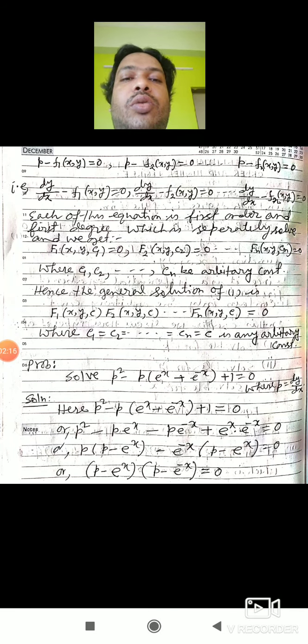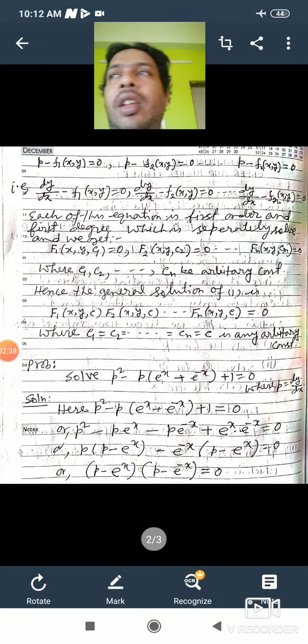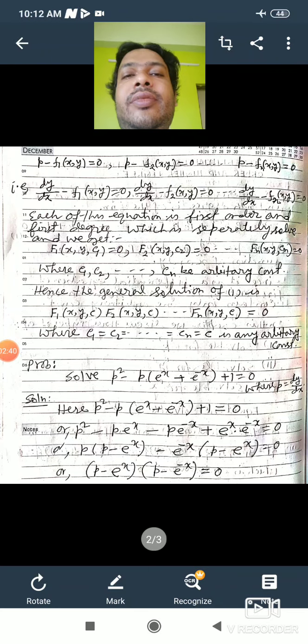Each of these equations is first order and first degree, which is separately solved, and we get capital F1(x,y,c1) equal to 0, F2(x,y,c2) equal to 0, ..., Fn(x,y,cn) equal to 0, where c1, c2, ..., cn are arbitrary constants.